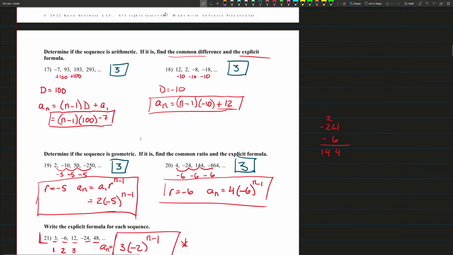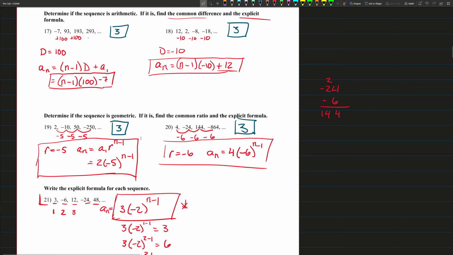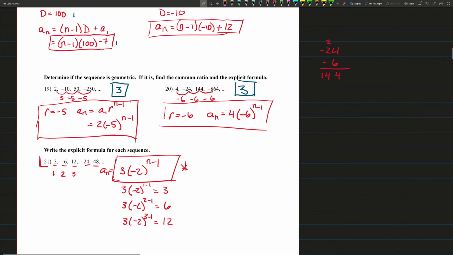Right, and I'm going to scoot back up here. 1 point for realizing it actually is arithmetic or not. 1 point for the common difference, and then 1 point for the explicit formula. And that's on both 17 and 18. Number 19, kind of similar. Realizing it is geometric, finding the common ratio, and then finding the explicit sequence. And then same thing for 20.